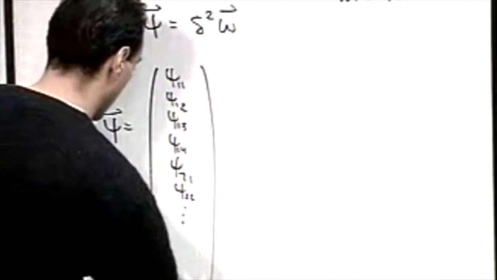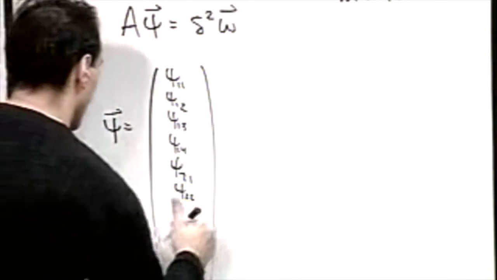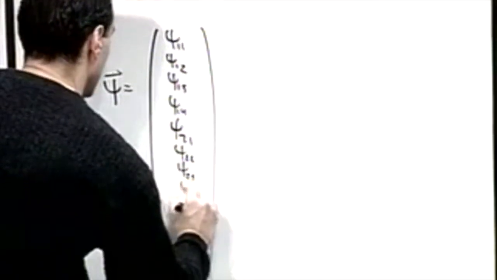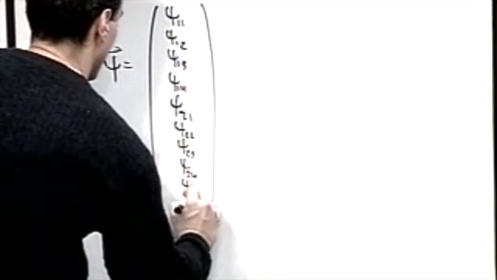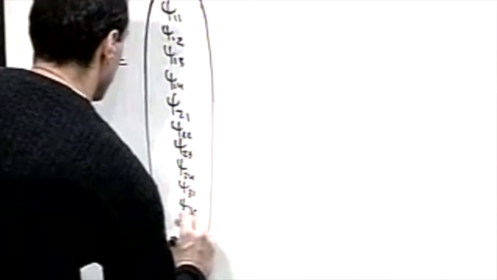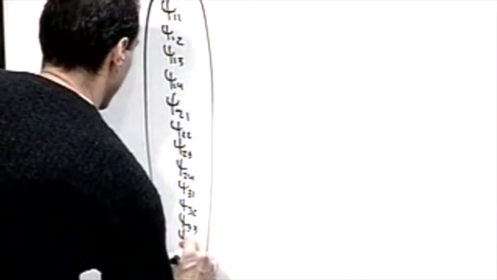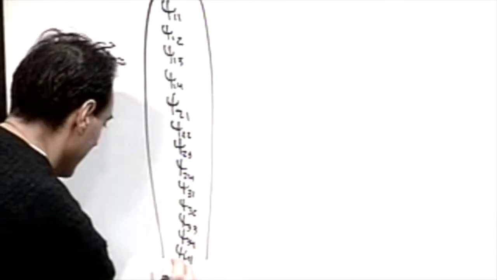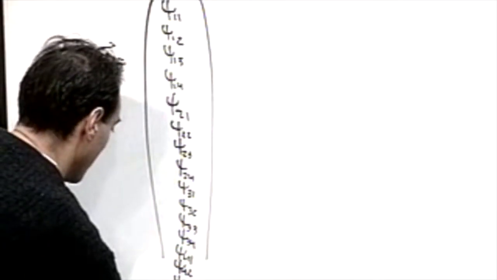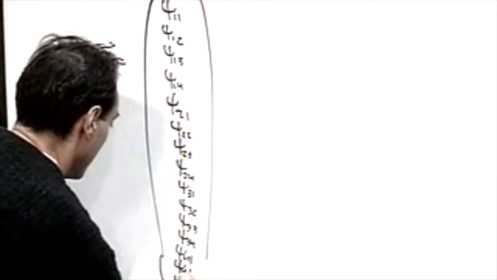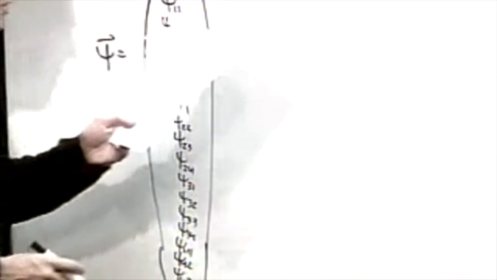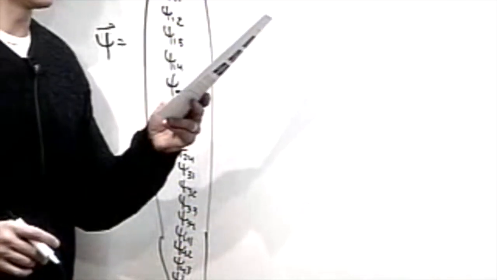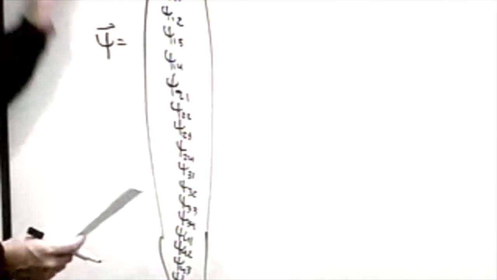I guess I could write the whole thing out. It's not that big. There's 16 components. Psi 2,3, psi 2,4, psi 3,1, psi 3,2, psi 3,3, psi 3,4, psi 4,1, psi 4,2, psi 4,3, psi 4,4. It is equation 2114a in the notes. Okay. 16 components.